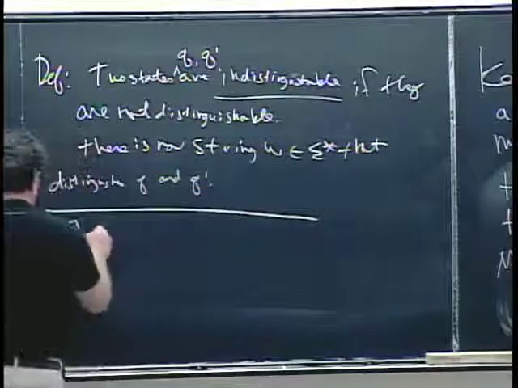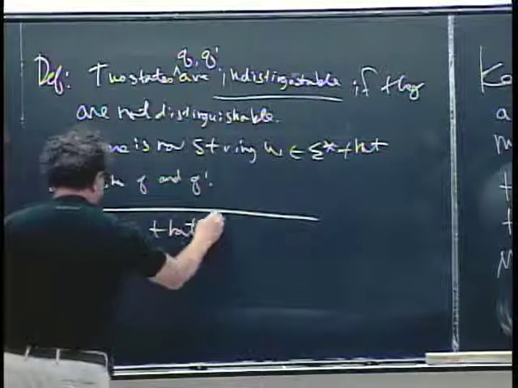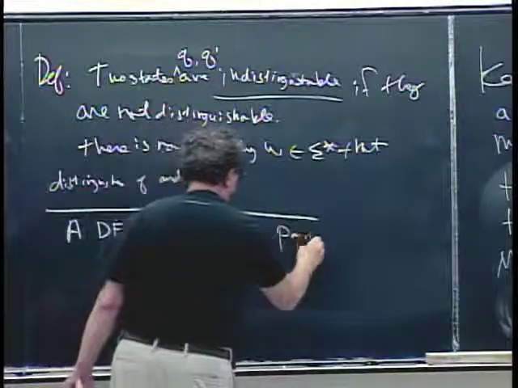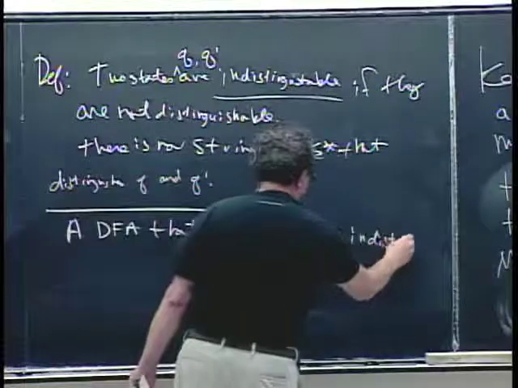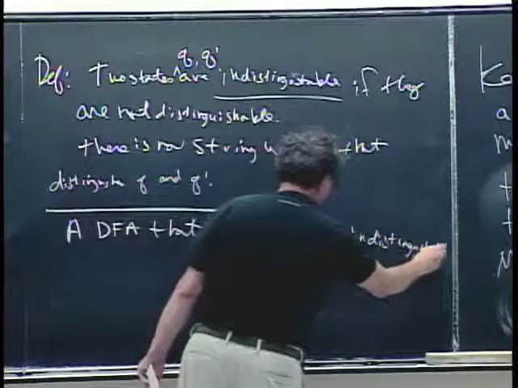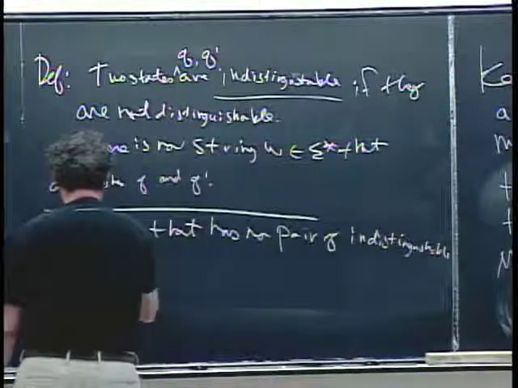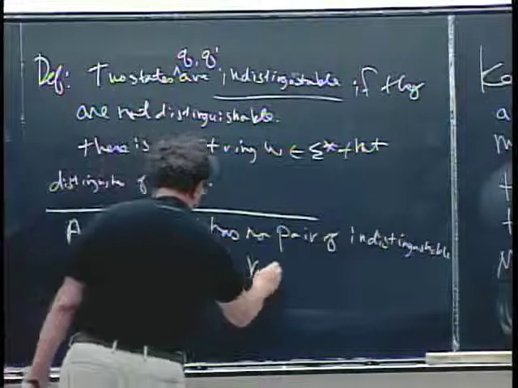A DFA that has no pair of indistinguishable states is called reduced.